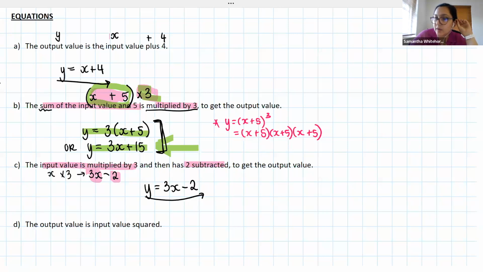Think about what squared means. And let's write an equation.